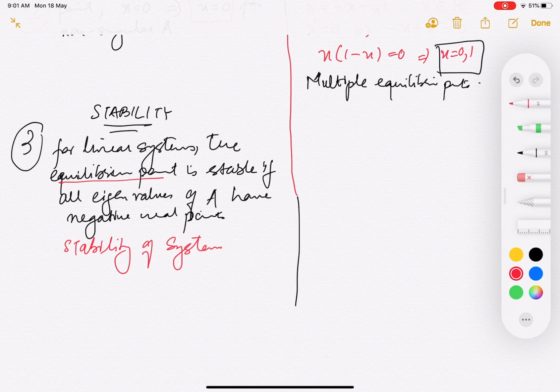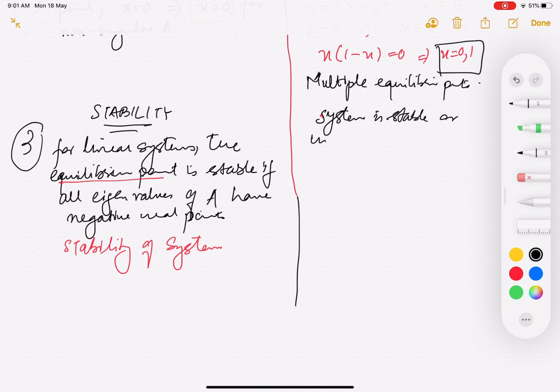But for nonlinear systems, you have to talk about the stability of multiple equilibrium points. So the notion of stability changes.